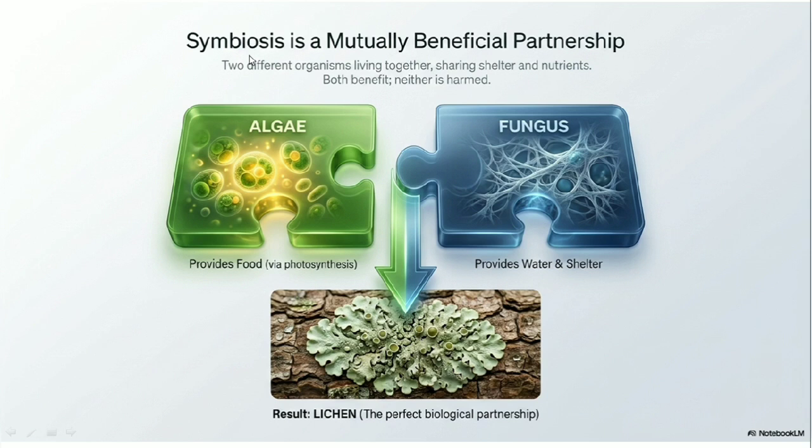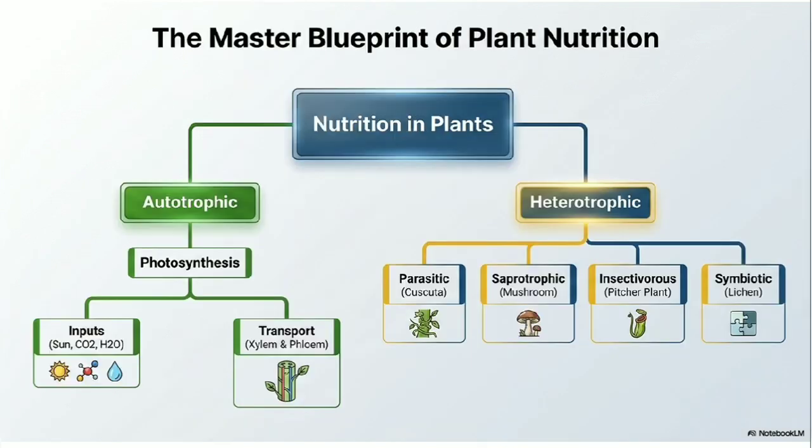So what we learned in this class is nutrition, the process of obtaining and using food, and plants prepare their own food. This mode of nutrition is called autotrophic nutrition. Plants prepare food by photosynthesis.